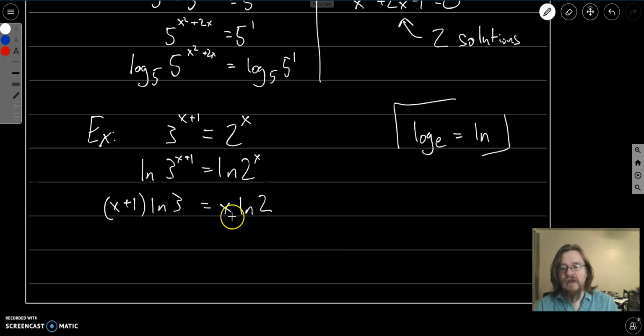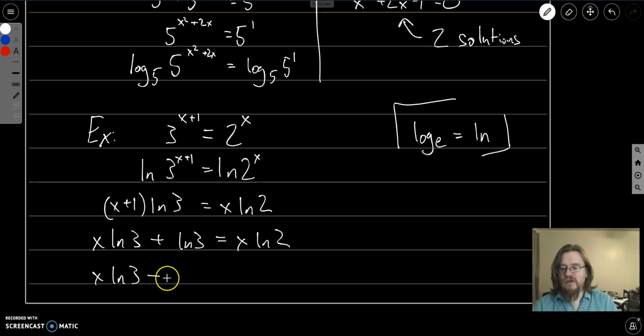And I want to solve for x. So let's do that. I will distribute the natural log of 3. So we've got x times the natural log of 3 plus the natural log of 3 is equal to x times the natural log of 2. We'll subtract this from both sides. So we've got x times the natural log of 3 minus x times the natural log of 2.